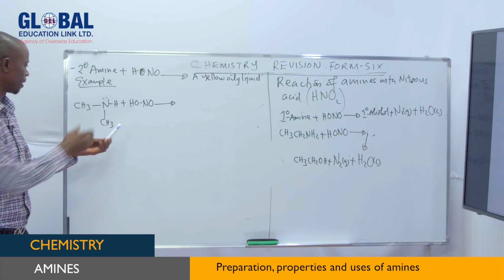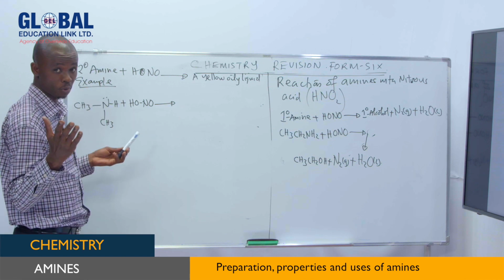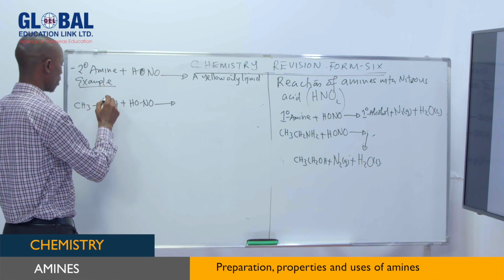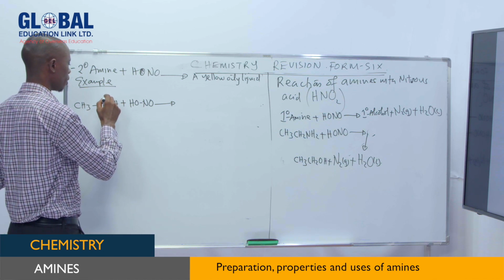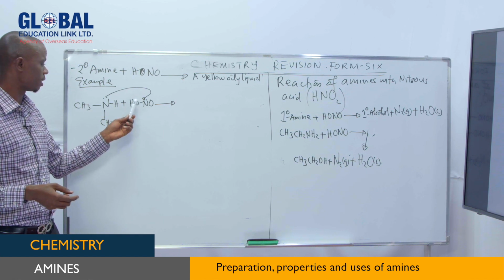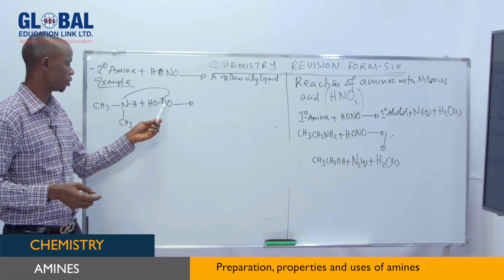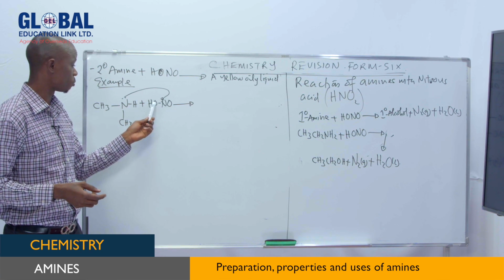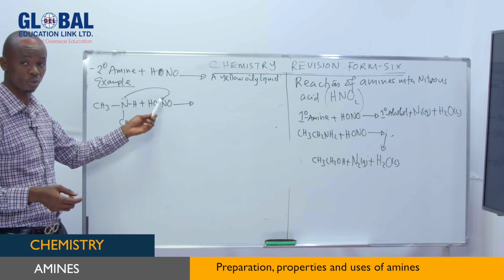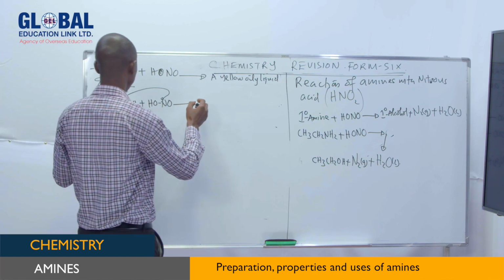Now, the little mechanism here is very simple because there is a lone pair there. This lone pair will be donated to this proton, because in the bond between oxygen and nitrogen, oxygen is more electronegative, so this will be the proton. Therefore, this lone pair will be donated to this proton, and we are going to form the following.